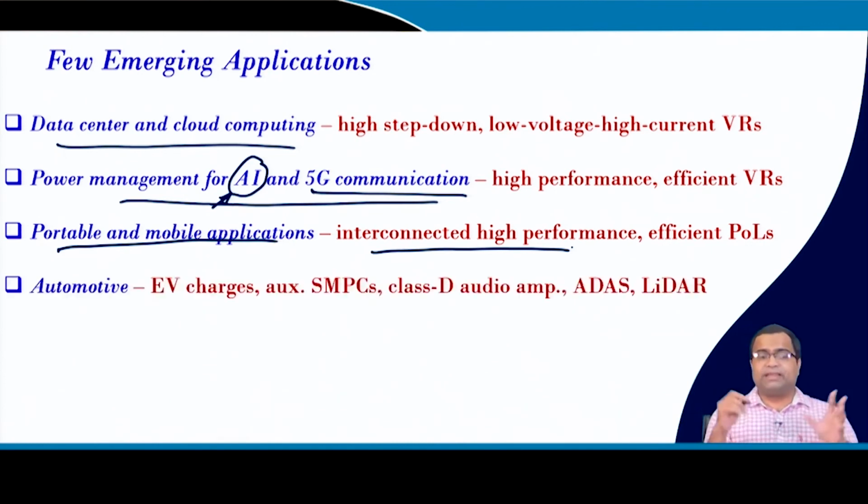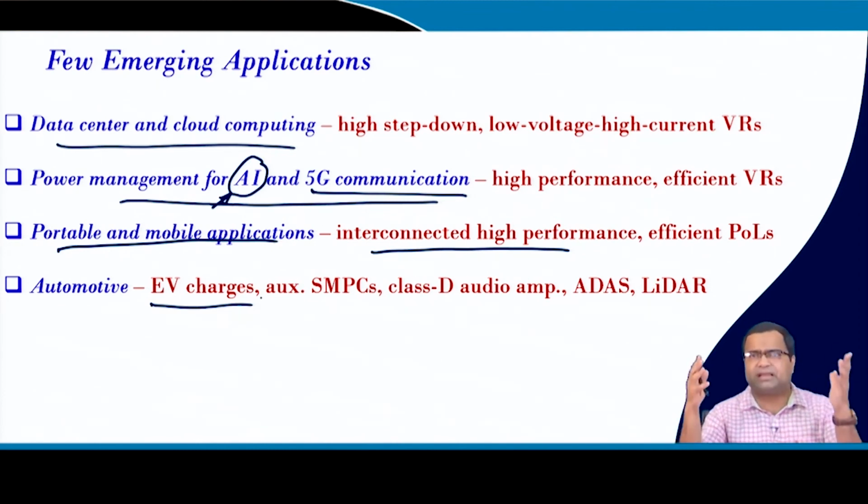For automotive EV chargers, there are many industries and many academic institutes working on EV chargers, but in most EV chargers the challenges will come when you are talking about hardware development itself, using wide bandgap devices, where the topology, packaging, and thermal aspects are very crucial.